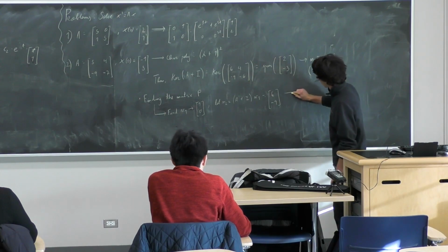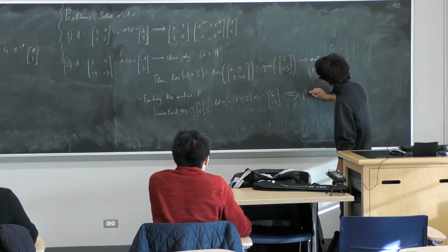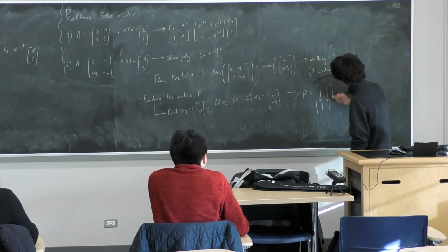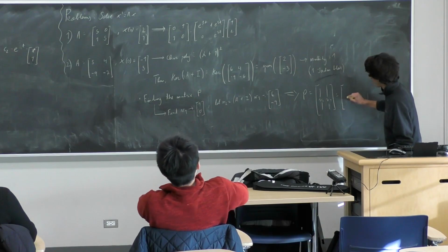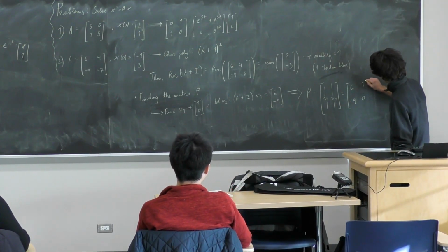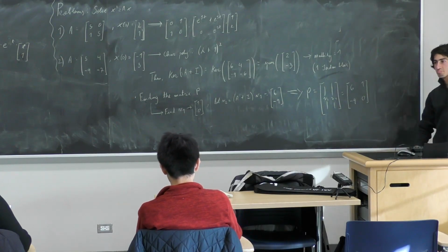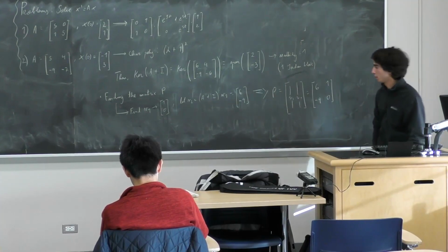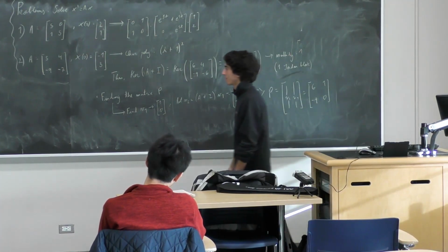Perfect. So then P is going to be equal to V1, V2, so that is just 6, -9, 1, 0. That's it. We can leave it there.